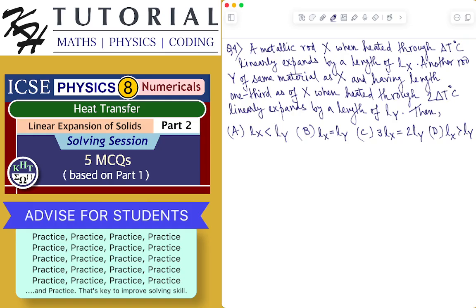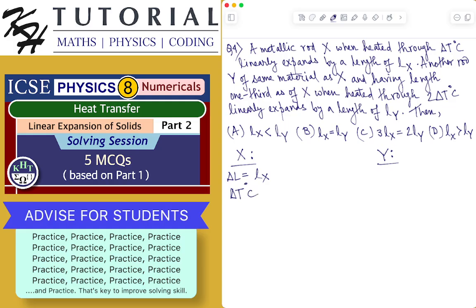Okay, so let's see what is happening for the metallic rod X and metallic rod Y. For the metallic rod X, it says it linearly expands by a length of Lx, so delta L is Lx. Delta T is delta T degree Celsius.